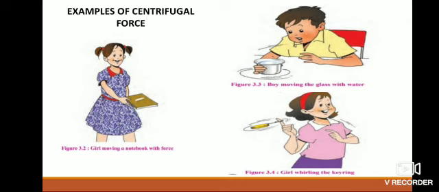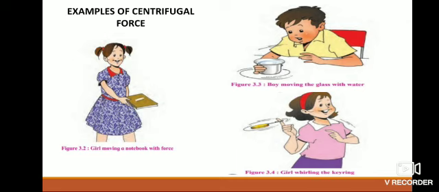Figure number 3.4, girl whirling the keyring. In all the above activities, the effect of the centrifugal force is visible. The centrifugal force acts in the opposite direction to the gravitational force.